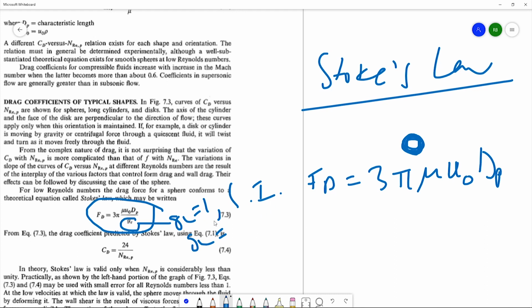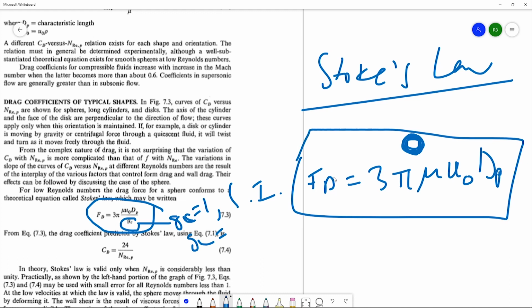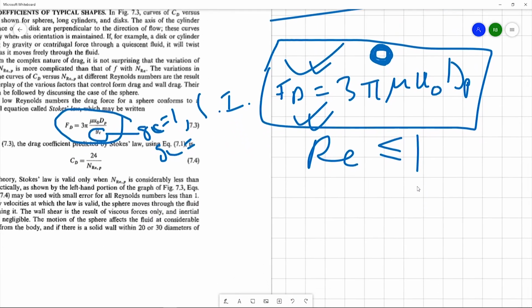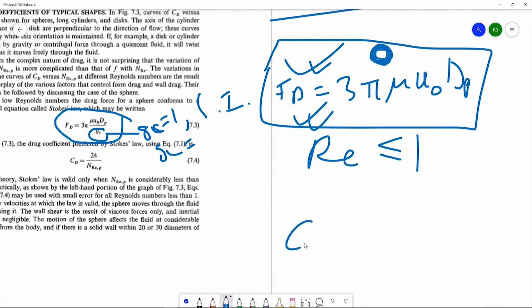So if you're working in SI units, you can safely assume gc is equal to 1. This is the drag force given by Stokes law for a spherical particle. The only thing is, this formula is applicable only if the Reynolds number is less than or equal to 1. Once this Fd is given, you can calculate the Cd.